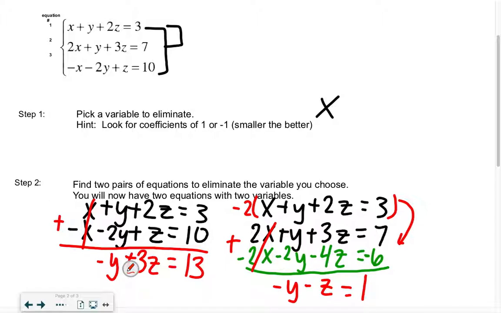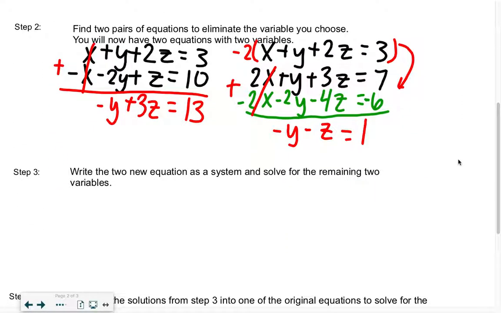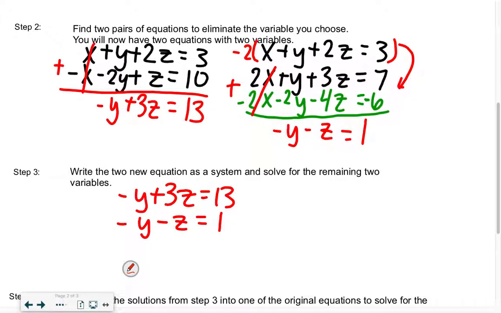Move it up a little bit. So now we're just going to rewrite our red equations. Negative y plus 3z equals 13, and negative y minus z equals 1. All you have to do is do a minus, because that would be negative y plus 1.